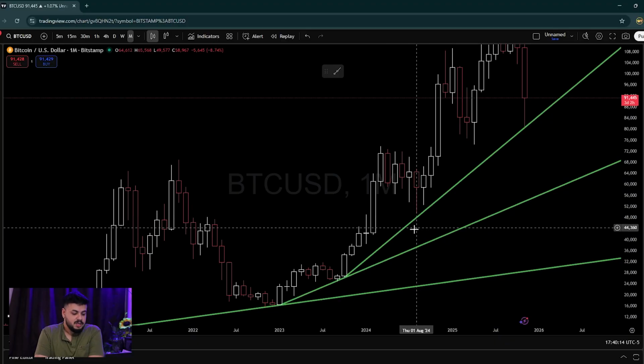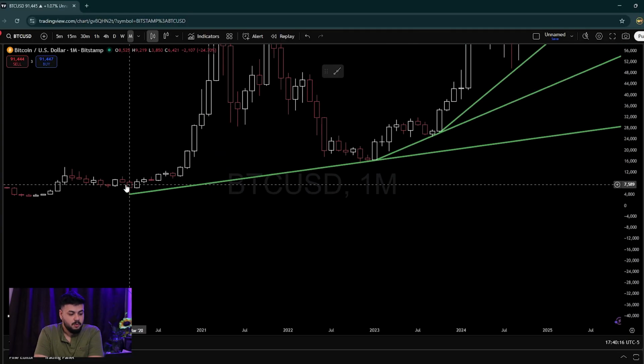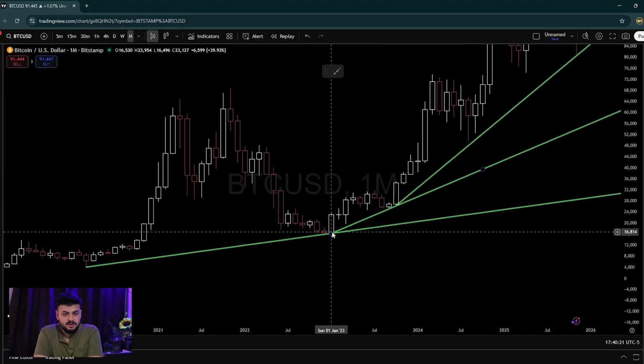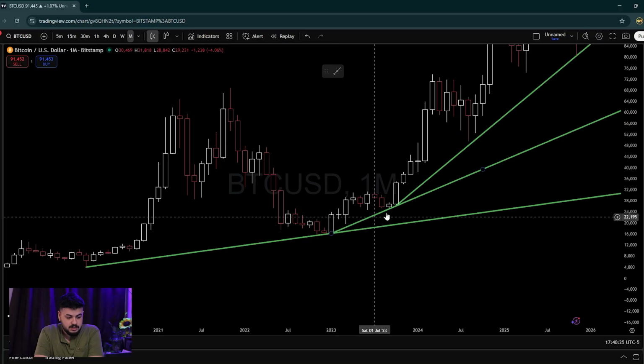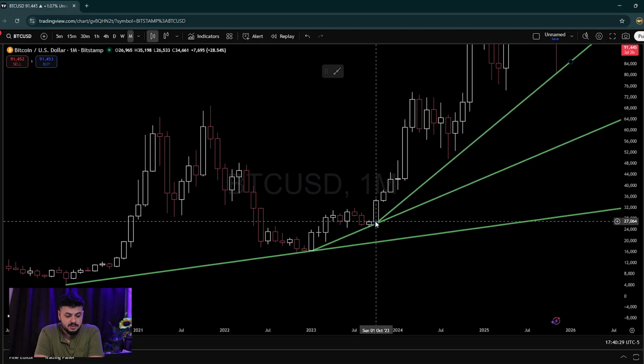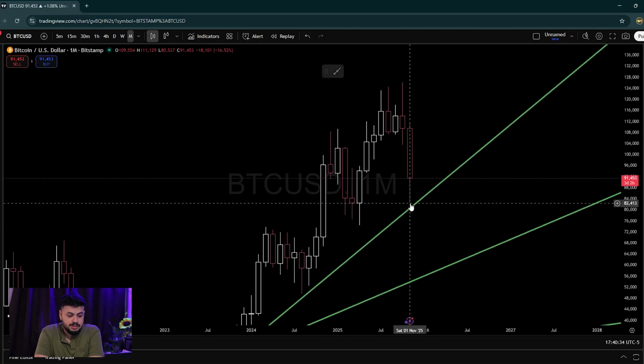Alright, so the way I'm doing that is once I find a point A and a point B, I use the point B as my reference for the next one. That'll be my new point A till the next touch point, which is the point B right here. Again, using that as the reference for the next line, point A to the nearest point B.